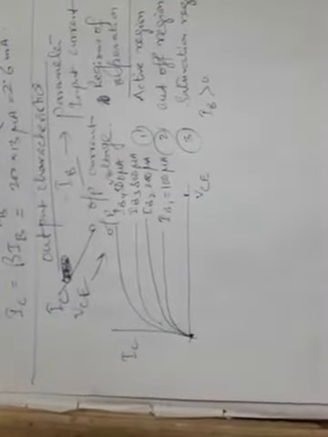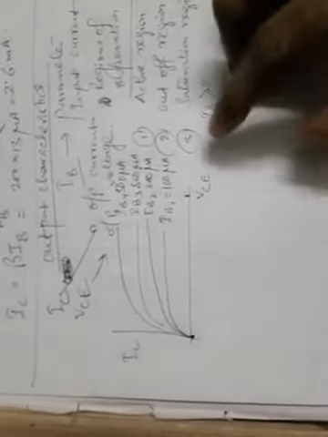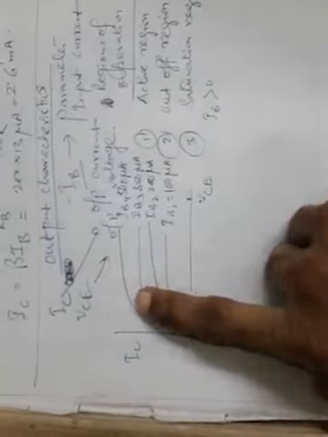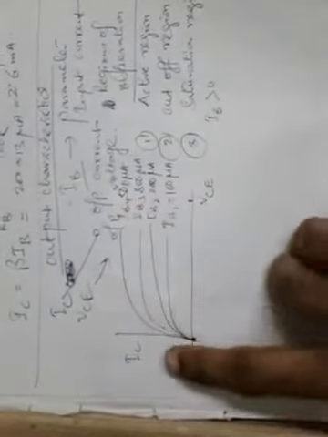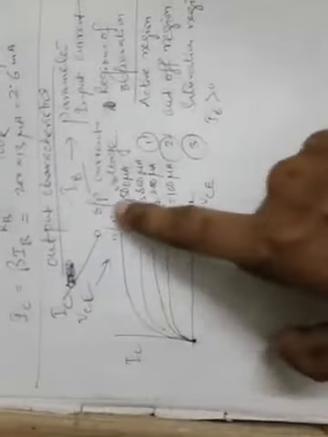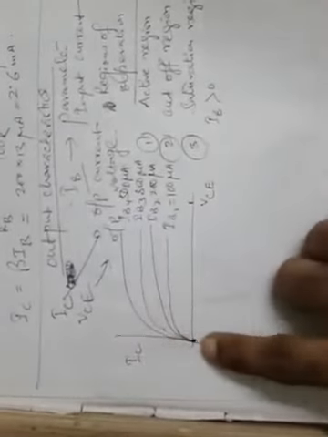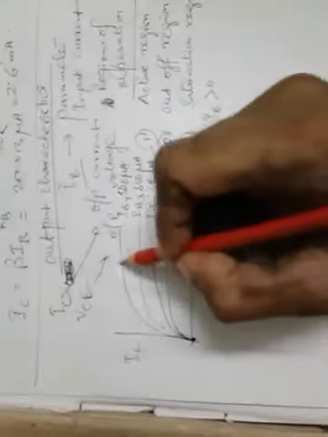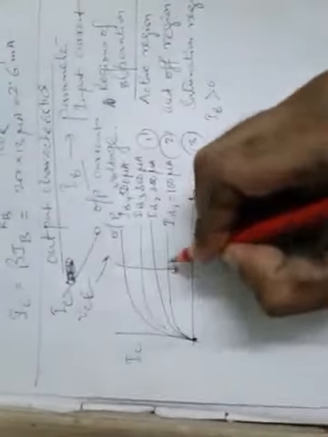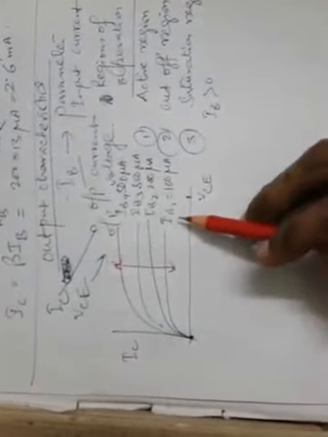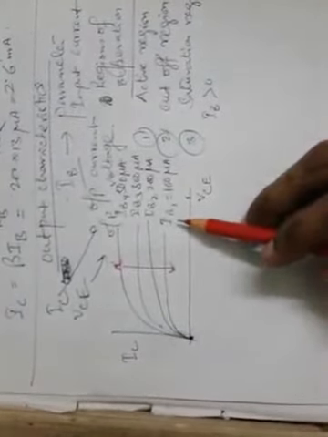That means as the IB value is getting increased, the curve will be going upper. That means the more IB there is, the more IC there will be. So IB will control the IC, and the less IB there is in the circuit, the less IC will be. So the family of curves will shift vertically up and down based on the variation of base current IB.